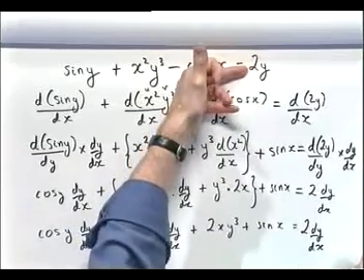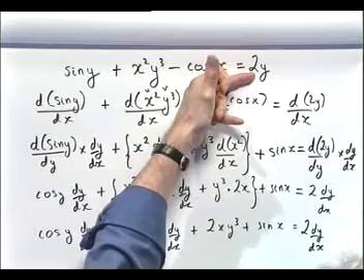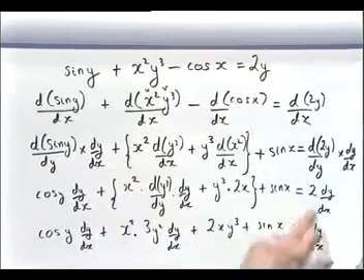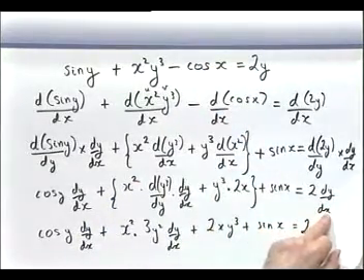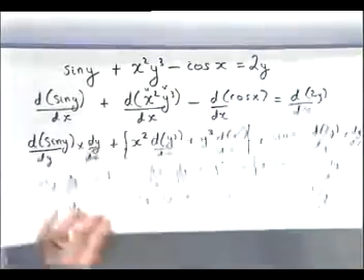Similarly, the derivative of 2y with respect to x would be the derivative of 2y with respect to y, 2, times dy by dx. And so we'd go direct from there to there. So let's have a look at that in another example.